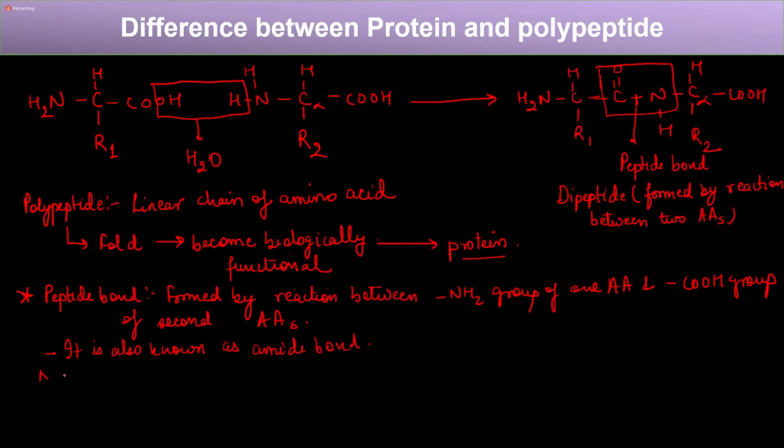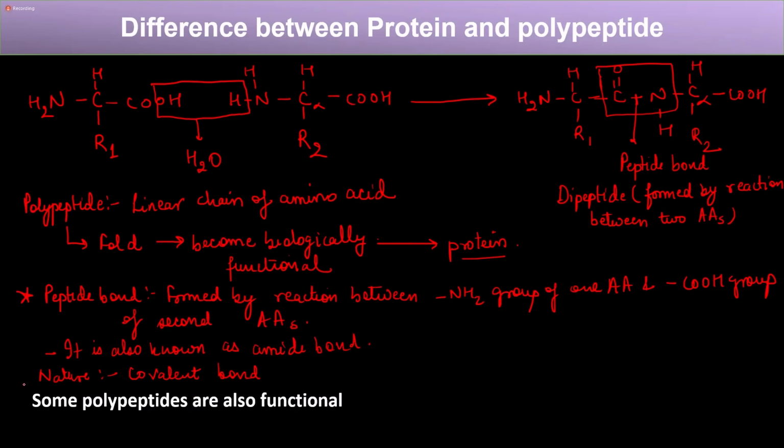Secondly, its nature is that it is a covalent bond. It is formed by the sharing of electrons. So this is about the peptide bond, and we have seen the difference between protein and polypeptide. The folded form of a polypeptide that is biologically functional is known as a protein.